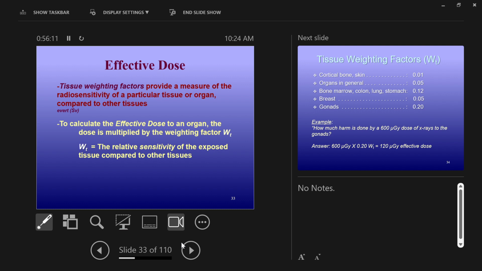But you don't know the total amount of damage because you don't know which type of tissue was exposed. You could have done that to the gonads versus the bone or skin, right? And those are going to be different amounts of actual harm caused. By the way, you have to get these four straight.